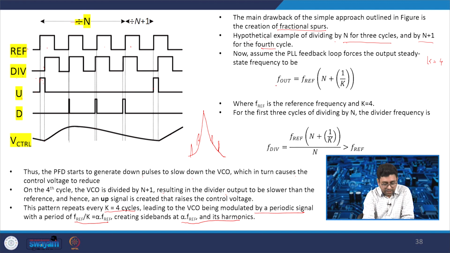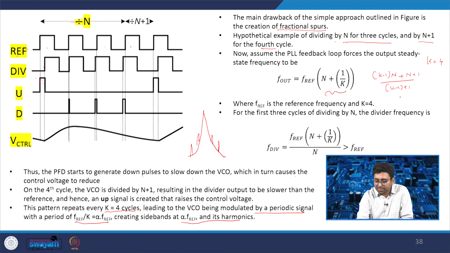So, here how can we calculate this f out? This division can be calculated as, we are dividing by n for k minus 1, so k minus 1 into n plus n plus 1, divided by k minus 1 plus 1.